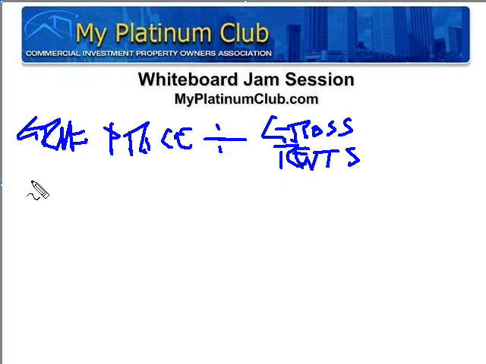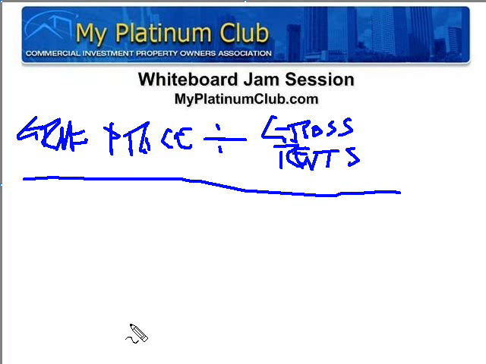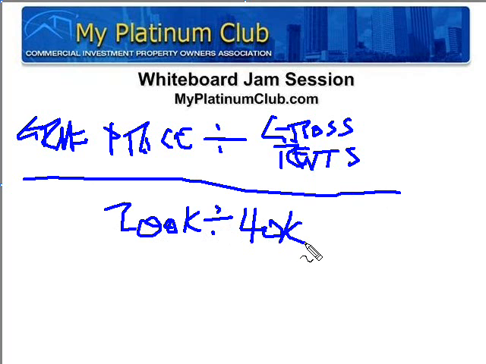So if you have a $200,000 property and the gross rents are $40,000 per year, in other words, all the rents add up and then multiplied by 12 is 40 grand, the GRM for that property is 5. Pretty simple math, right?